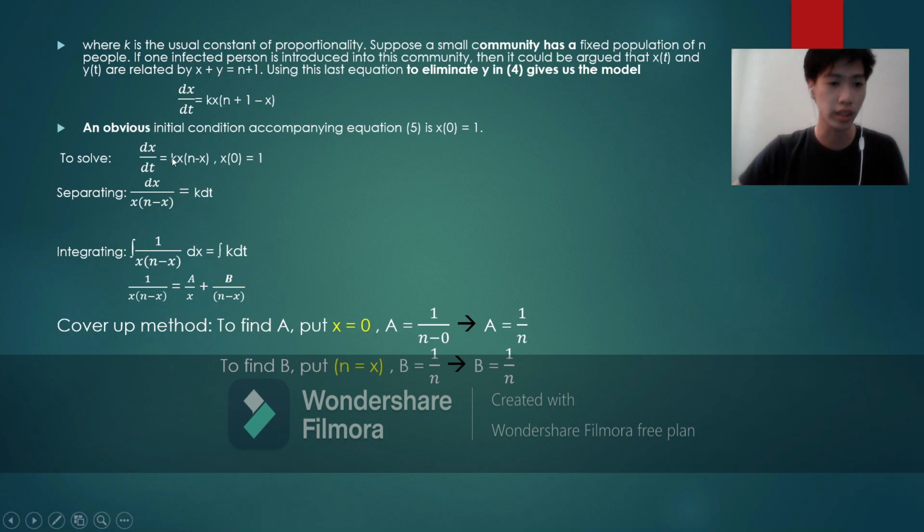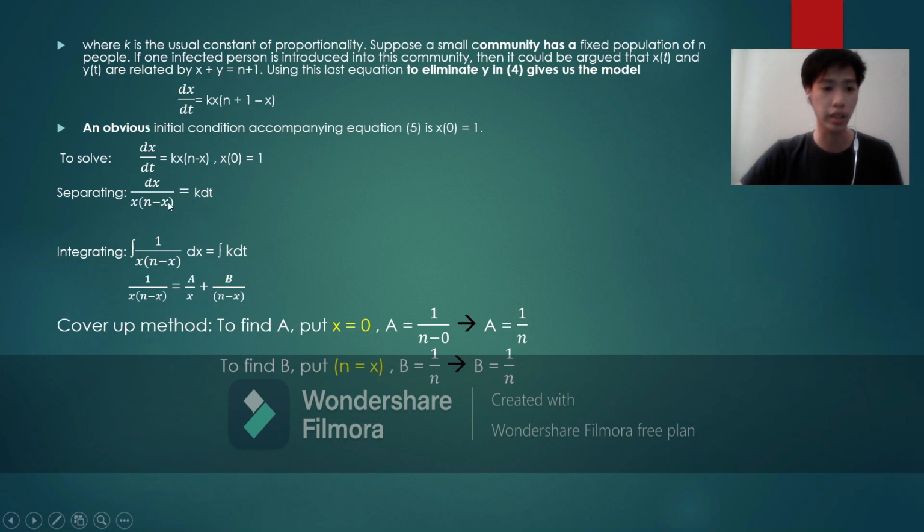So to solve this expression dx over dt equals kx(n minus x), supposing x of 0 is equal to 1, we can use separation of variables, integrating and simplifying. So in this case, dx over x(n minus x) is equal to k dt.